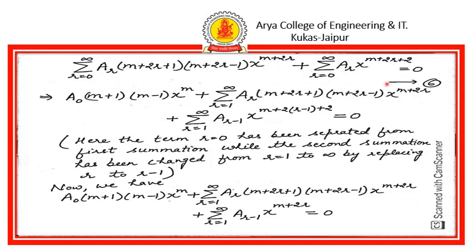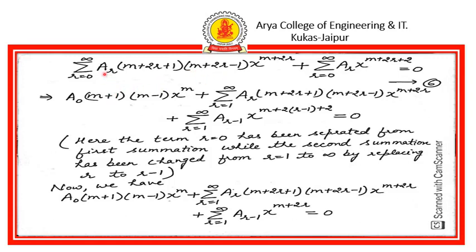Now we find equation number 6. We check that the power of x is in ascending order. In the first summation, the power of x is m plus 2r. In the second summation, the power of x is m plus 2r plus 2, which is in increasing order. So, in the first summation, we separate the terms by putting r equals 0.